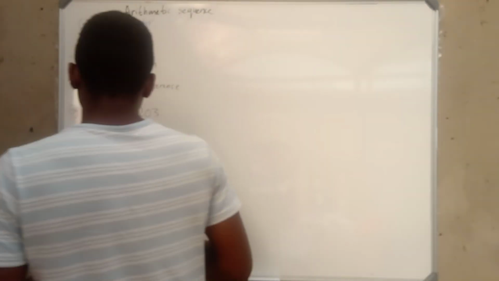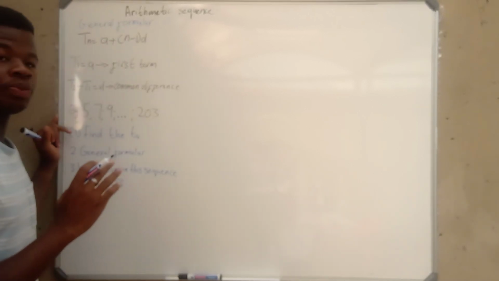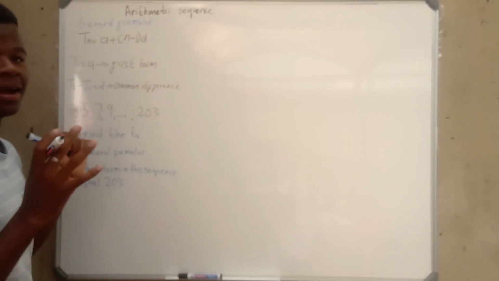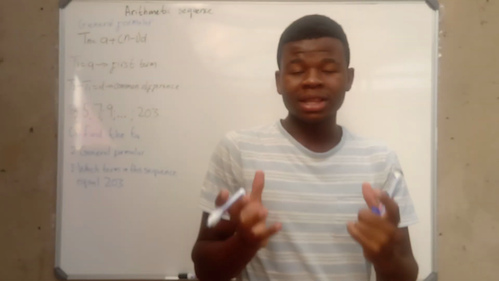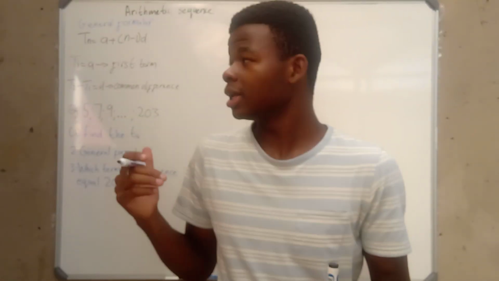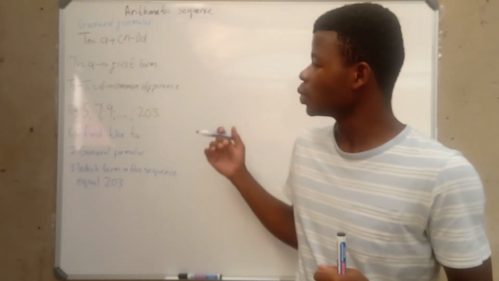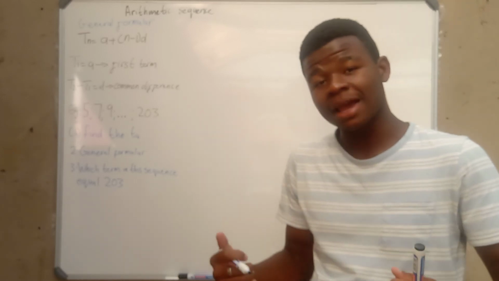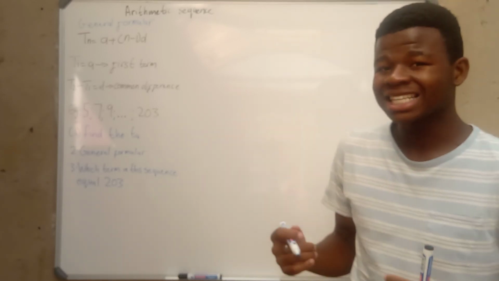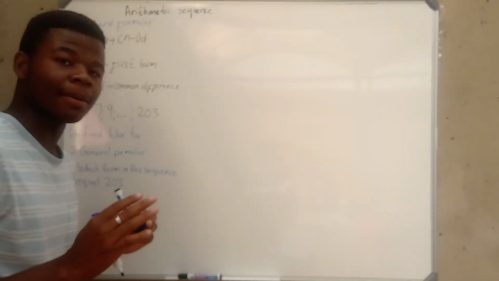So, look at this, guys. Now I am done with explaining what the terminology is. So now we are going to get into an exam question. Listen carefully. We have an example here.